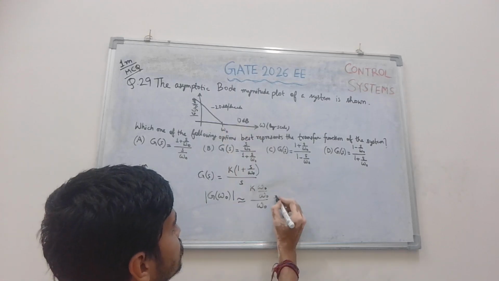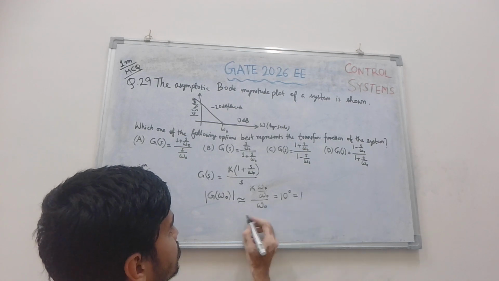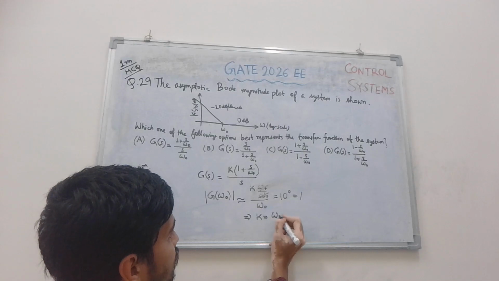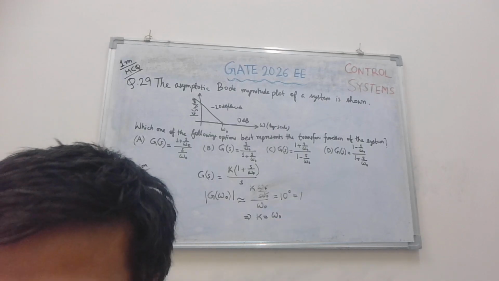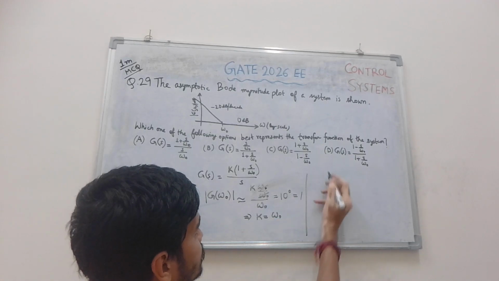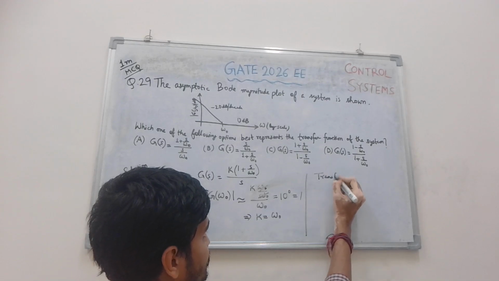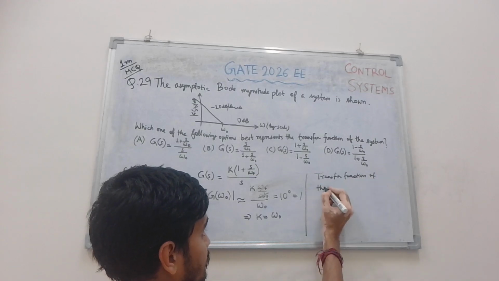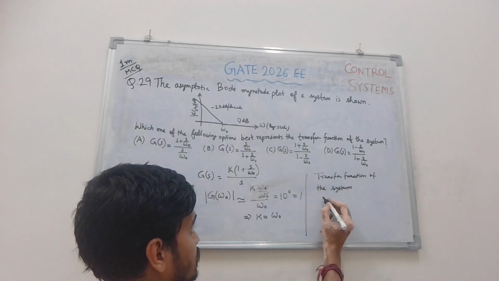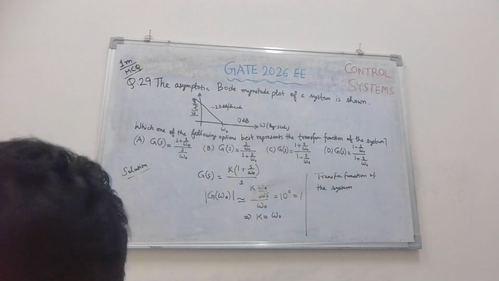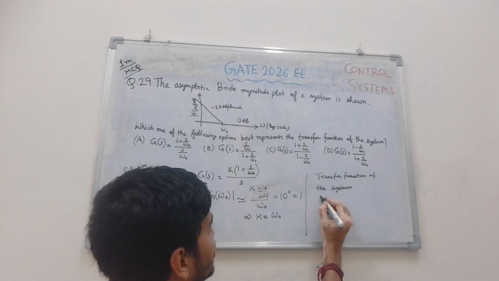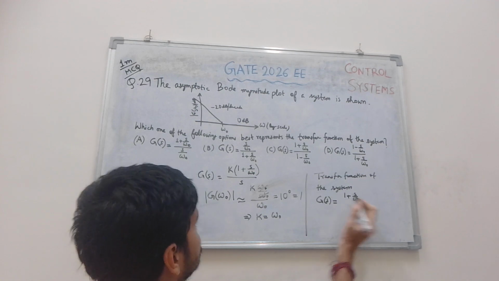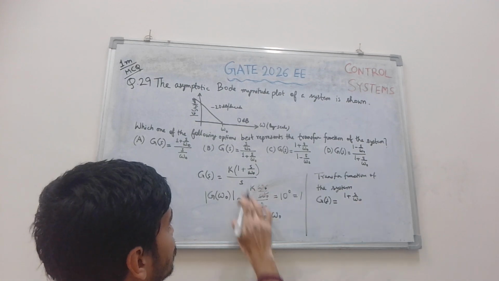Moving on, the zero term is 1, so omega naught cancels, and so K is nothing but omega naught.